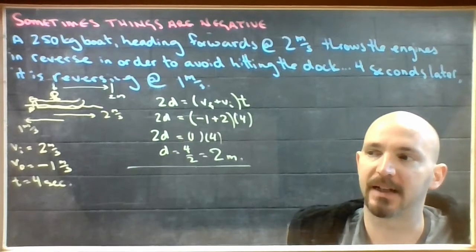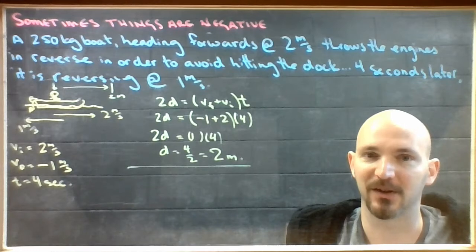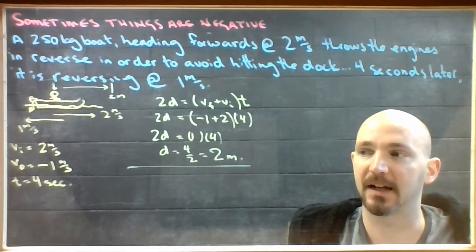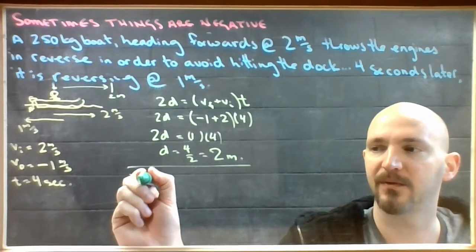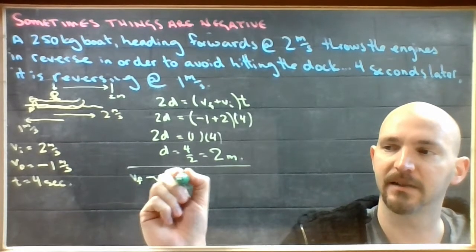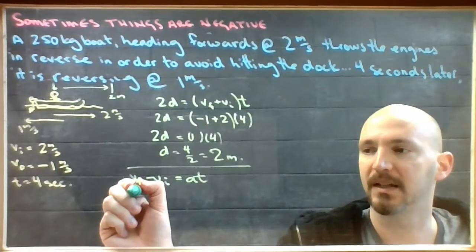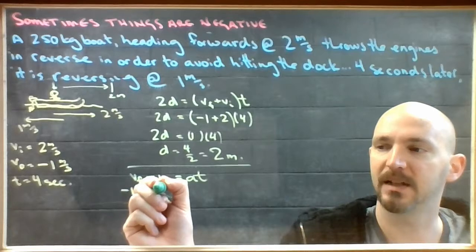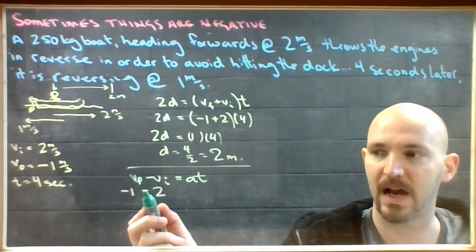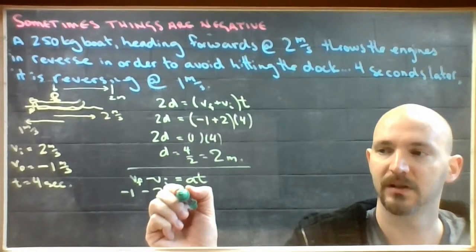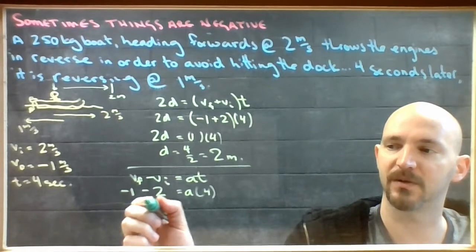To figure out the acceleration, we're going to have to grab an equation that connects vi, vf, a, and t. So vf minus vi is acceleration multiplied by time. Final speed is -1. Initial speed is 2. Notice that it's minus the initial speed, so subtract +2. Time is 4 seconds. -1 minus 2 is -3.